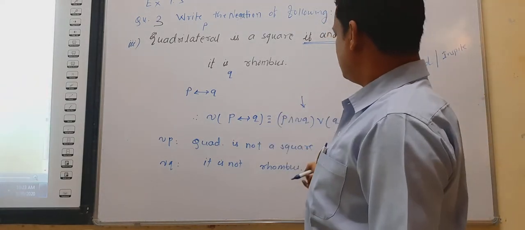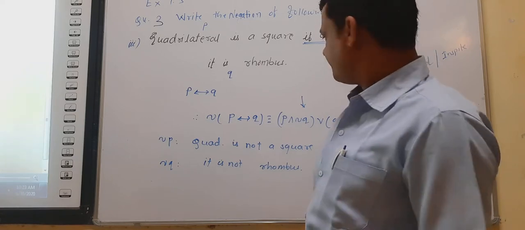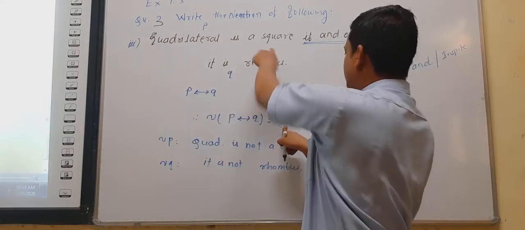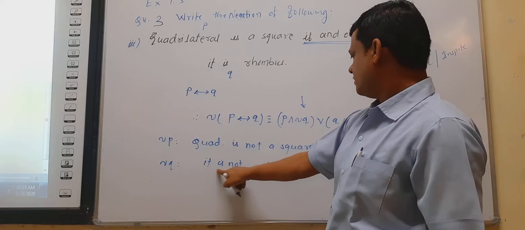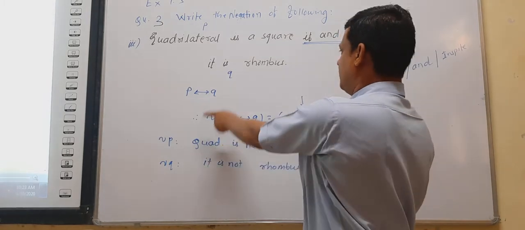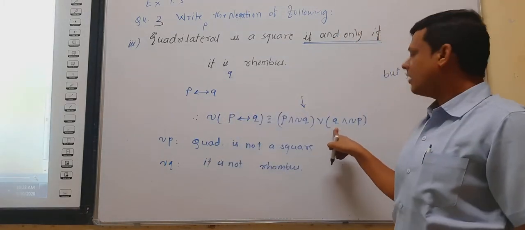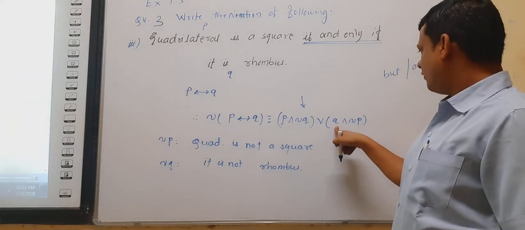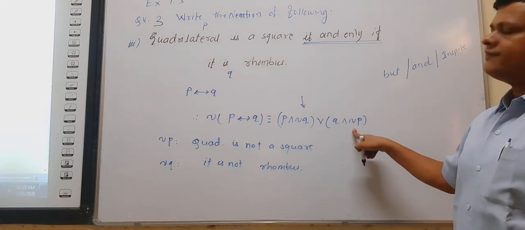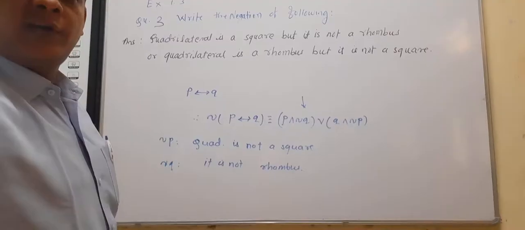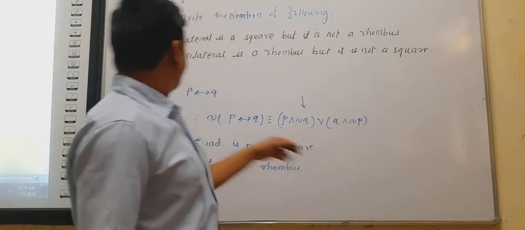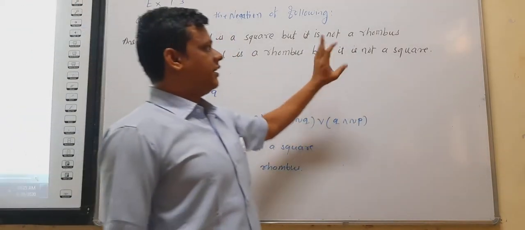So the negation for the given compound statement is: quadrilateral is a square but it is not a rhombus, or quadrilateral is a rhombus but it is not a square.